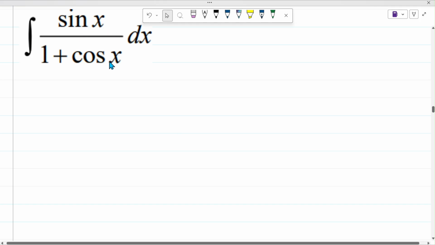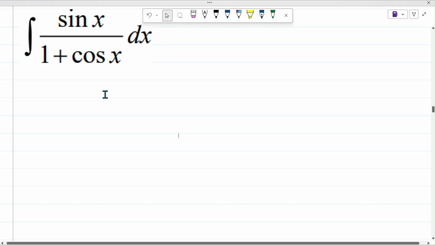When you have a quotient, you need to always look for the use of the general log rule and the general power rule. The only difference between them is that for one case, n should be equal to -1, and for the other case, n should not be equal to -1.